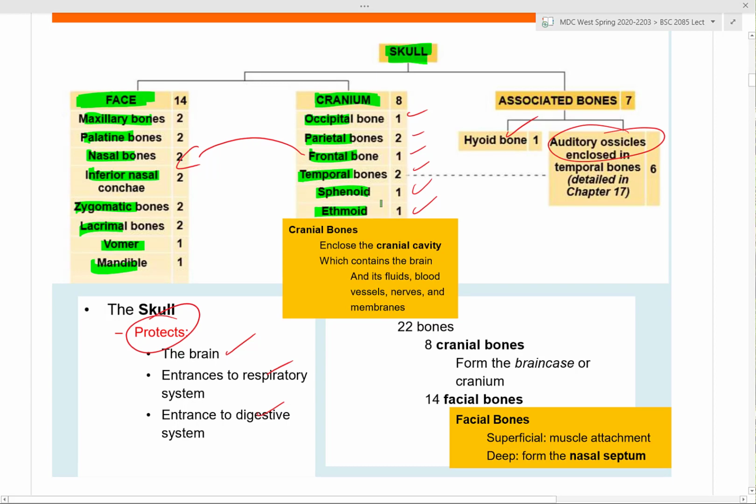So, cranial bones, what is the main function? They enclose the cranial cavity, and in the cranial cavity, they protect your brain. So, of course, it contains the brain, as well as fluid and blood vessels, nerves, and membranes. Okay? I'm not gonna dictate a lot about it, but please know this information because that's extremely important.